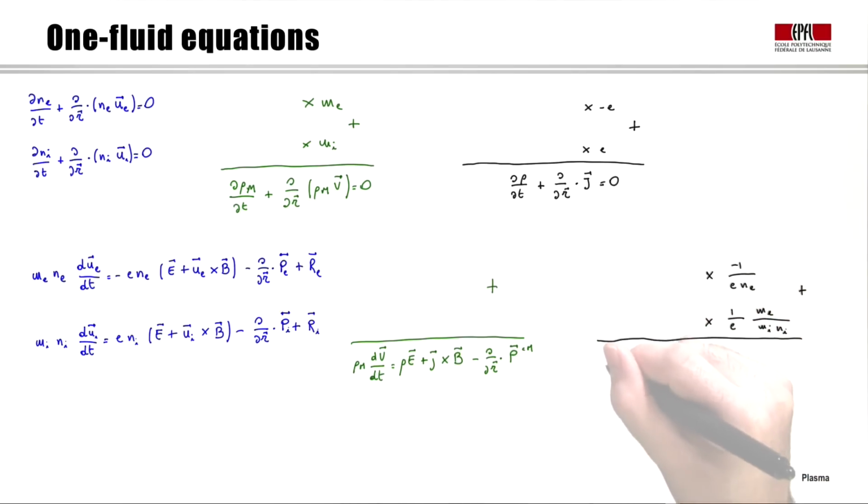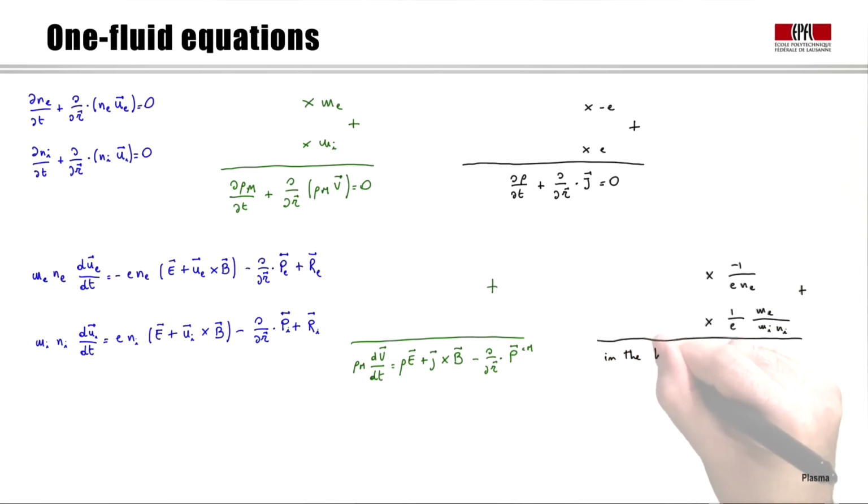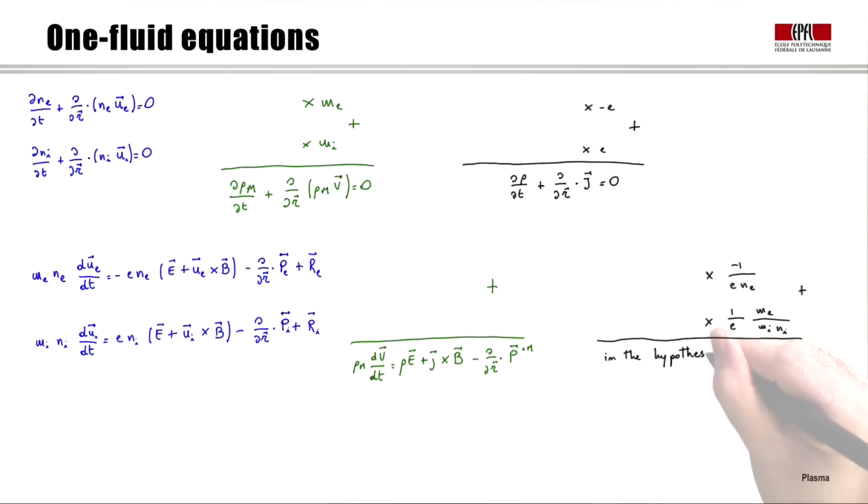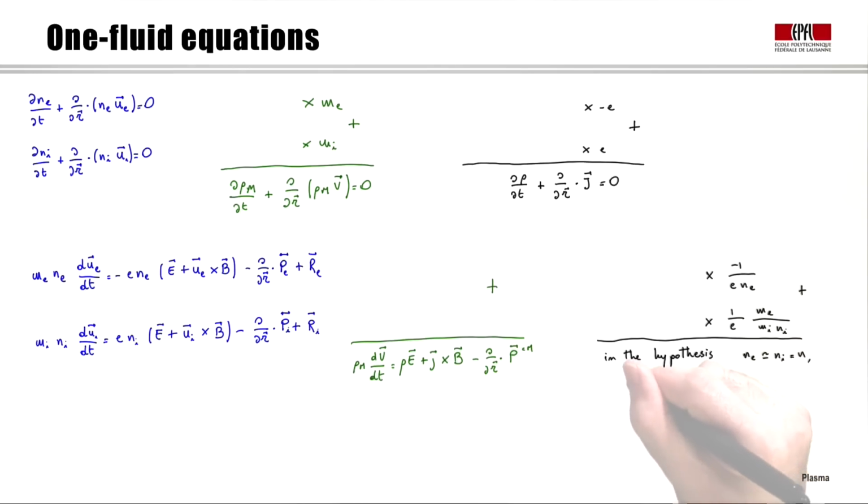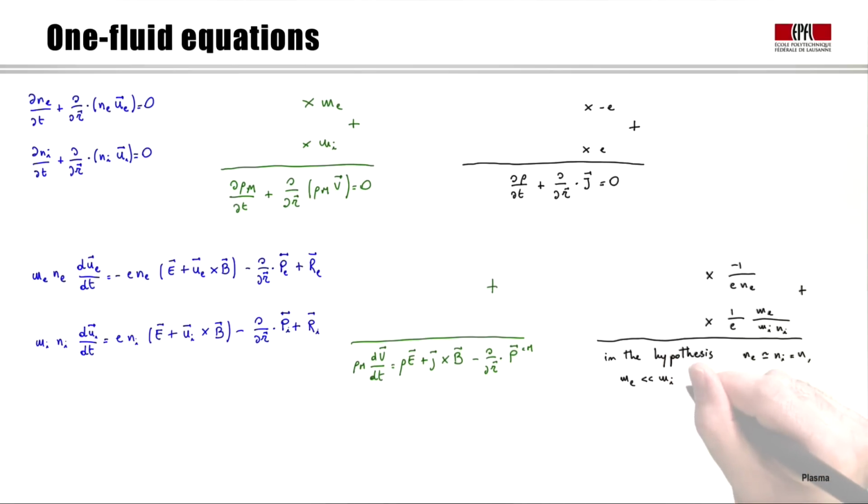We take the hypothesis that our plasma is quasi-neutral, and we will call the electron and ion density, which are very close, n. Also in the hypothesis that m_e, the electron mass, is much smaller than the ion mass, and that the current is much smaller than the current carried by each species.